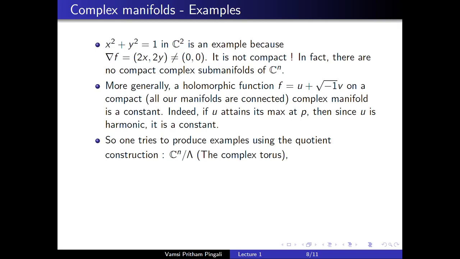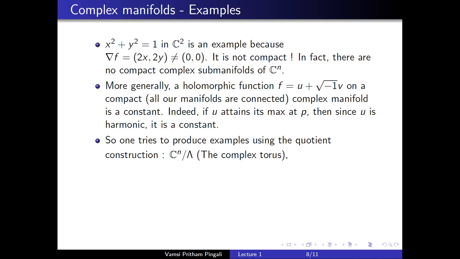My favorite lattice is Z^2n, the standard lattice. That is, you take the standard basis of R^2n and take all integral linear combinations of that basis, right? So you get a lattice, quotient out Cn with this lattice.